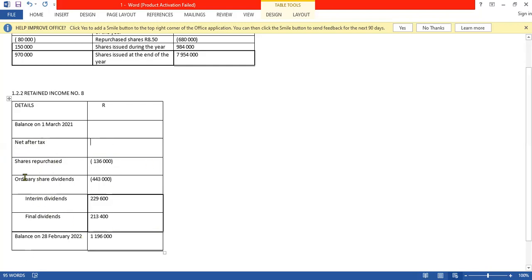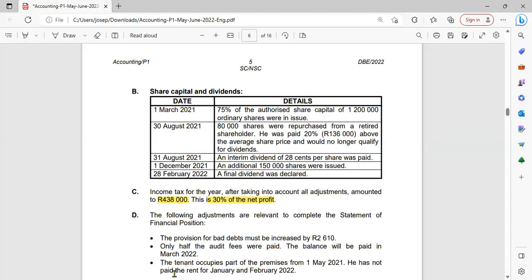Everything here, all these details, you must know by heart, because one of them you might not be given. You will be expected to fill in the missing space. So with net profit after tax, we are going to make some calculations to find how much our net profit after tax is.